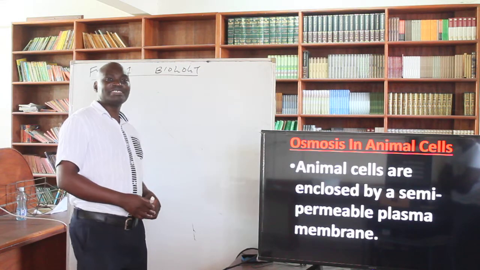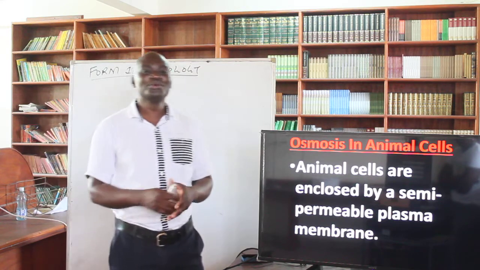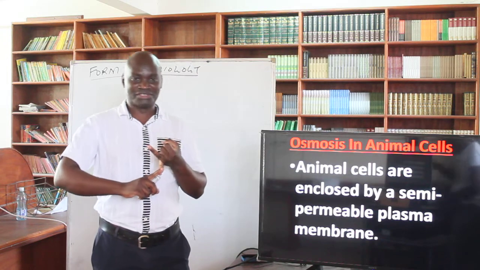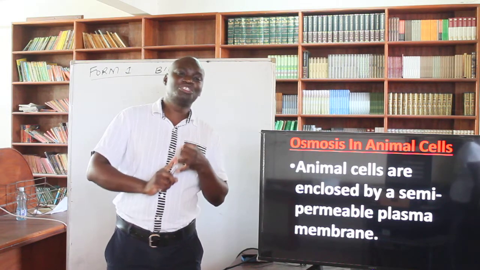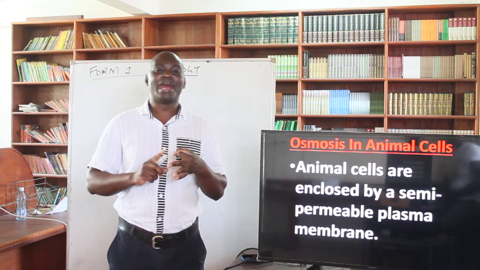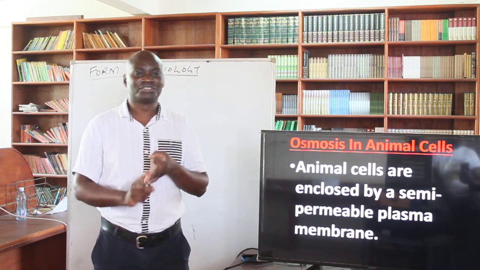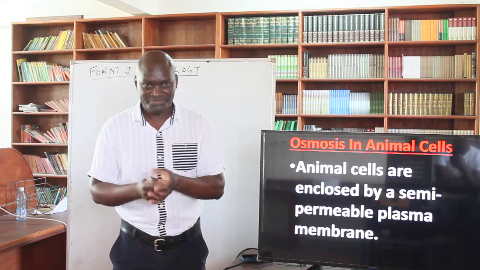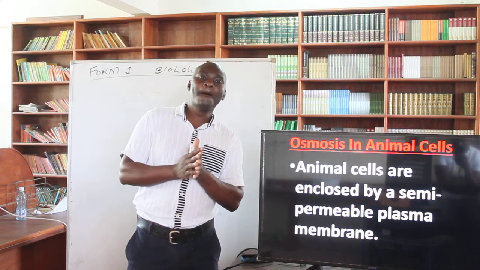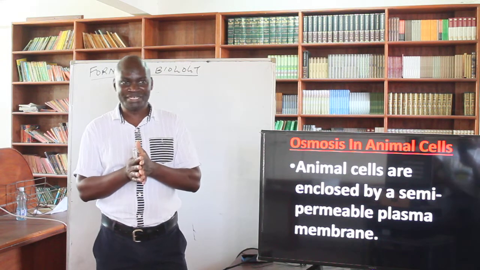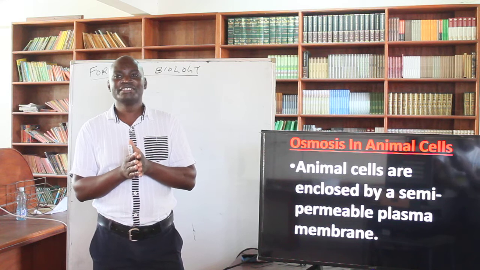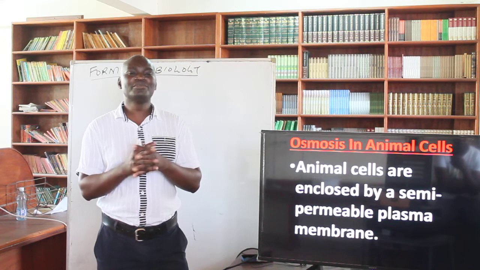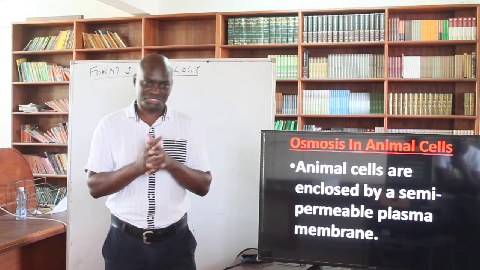So, to understand this, we are going to look at 3 different solutions. We look at isotonic solution, hypertonic solution, and hypotonic solution. So we know that animal cells are enclosed by a semi-permeable plasma membrane, and plasma membrane is also called cell membrane.